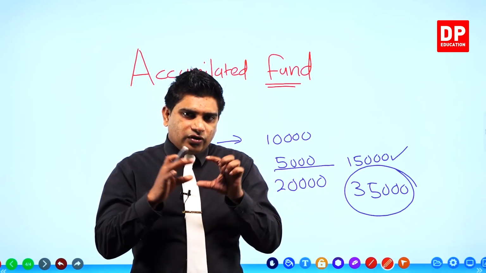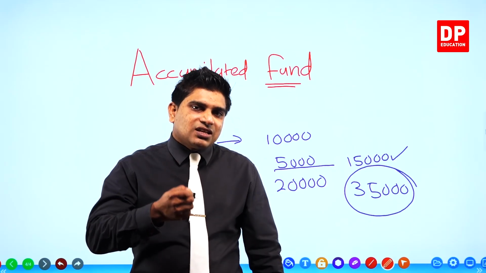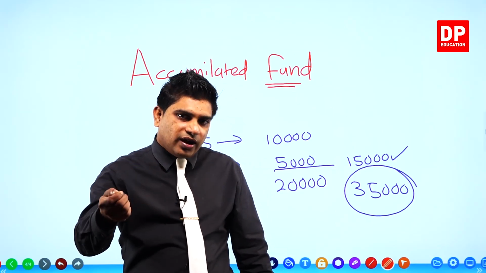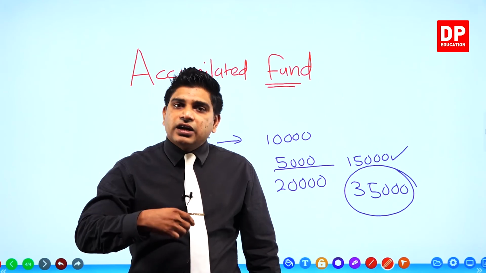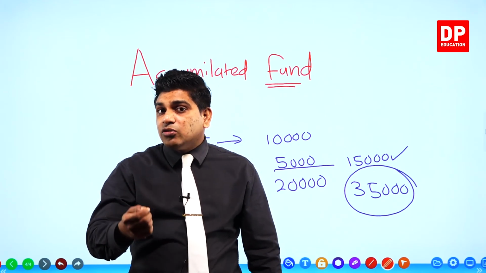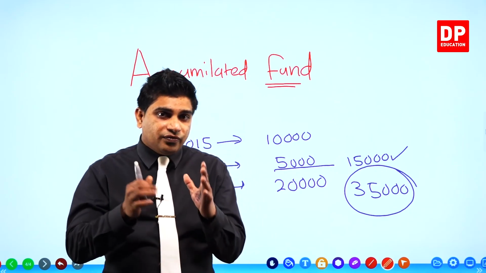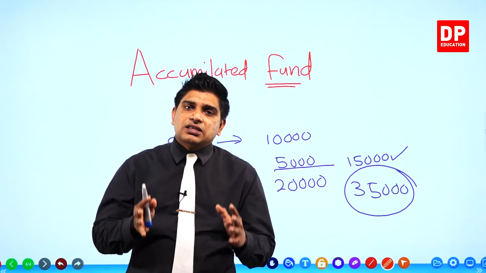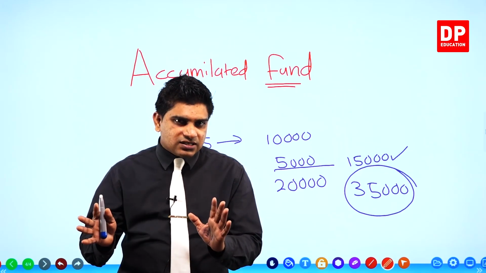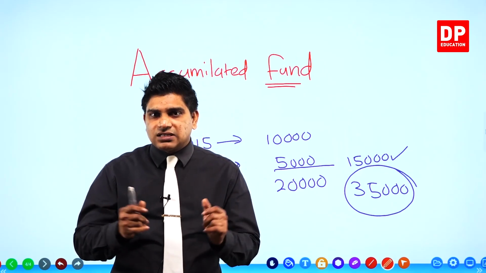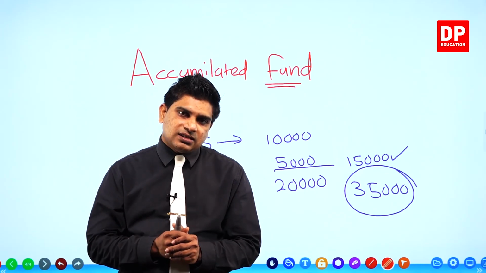When you get a surplus, you write: surplus is transferred to the accumulated fund. Otherwise, deficit is transferred to the accumulated fund. This is the way. Accumulated fund is the collection of surpluses in the previous years.